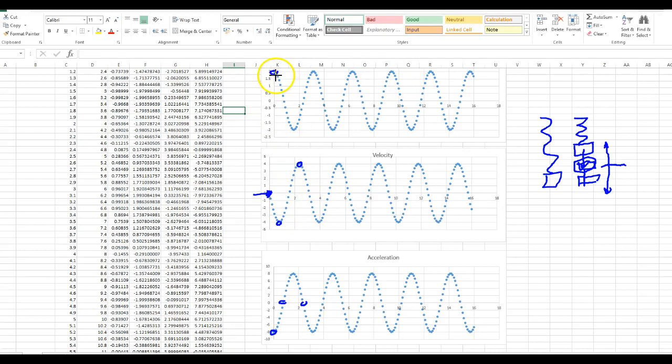What's happening to the displacement? Well, at that point, the displacement is here. So it has no displacement. You can compare those two locations with each other, the velocity and the displacement, and you can see displacement is 0. That means it's at its equilibrium.